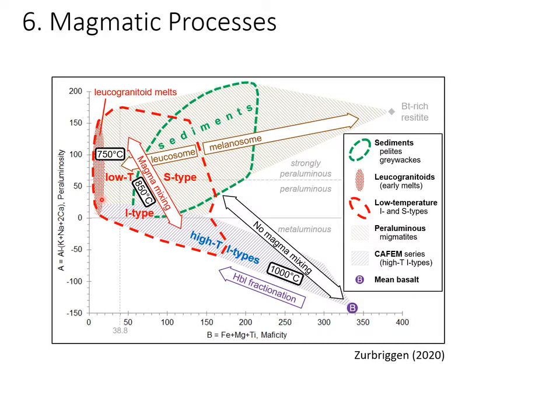But we cannot mix a basalt with a melting greywacke. And I will come to this in a later slide, because at a given temperature where the molten greywacke is very liquid, the basalt already started to crystallize and to lose its viscosity.